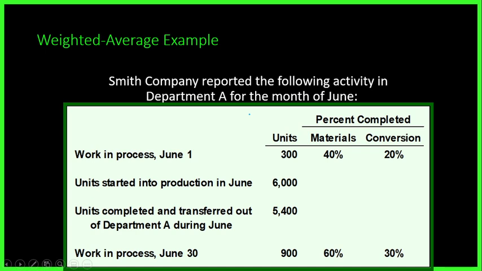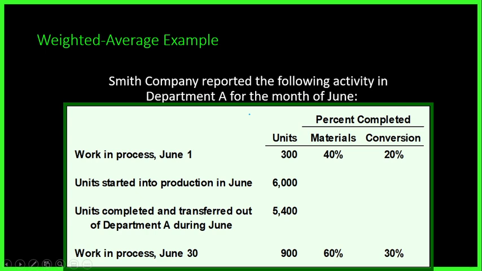For example, if there is a direct causality of your direct labor cost with the direct materials, then you can use even. What does that mean? If materials is 50% completed, we can assume that direct labor is also 50% completed. The same with factory overhead. But sometimes, what is normal is that we have uneven percentage of completion.